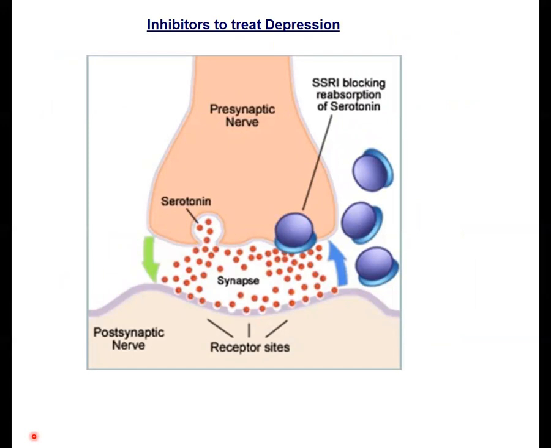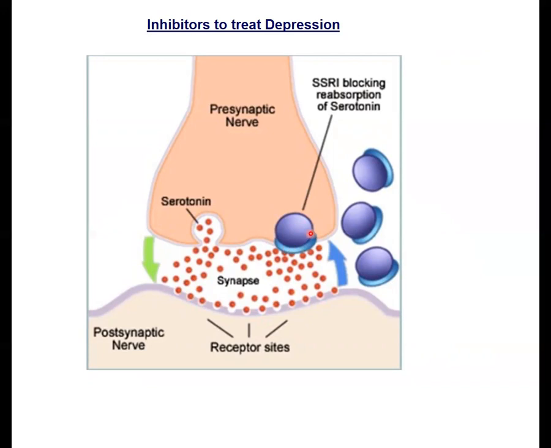Again, there are various ways of treating depression, but one way is to, again, stop the uptake of the neurotransmitter. In a healthy person, serotonin would be released and travel across the synapse. Normally it would then be reabsorbed, taken back up through a protein in the membrane.